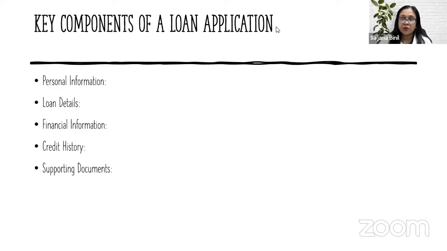When it comes to the lending domain, loan processing applications are relatively complex applications in the IT industry. Many of you have listed several supporting documents that you provided to your bank. It all depends upon the type of the loan that you have applied for.